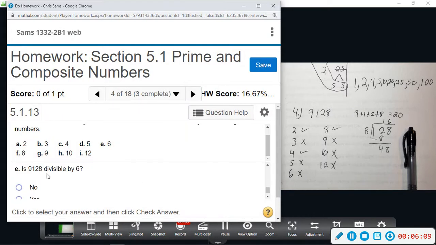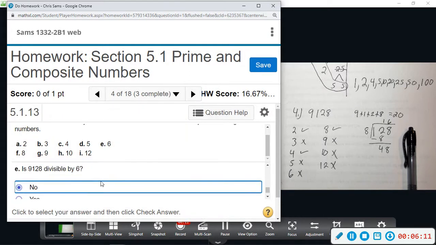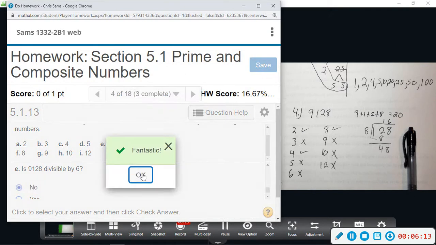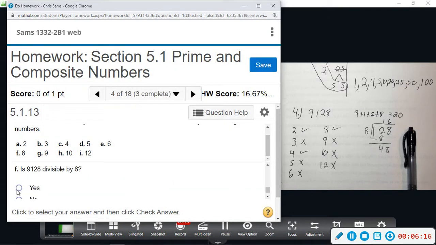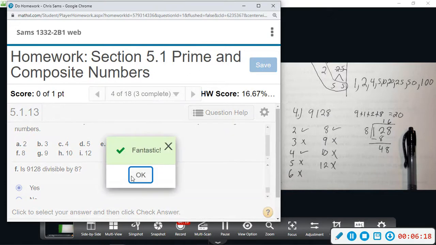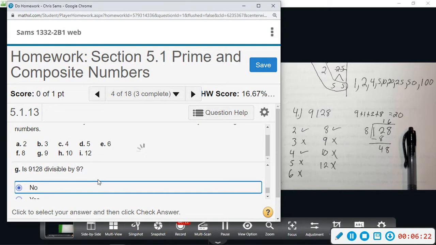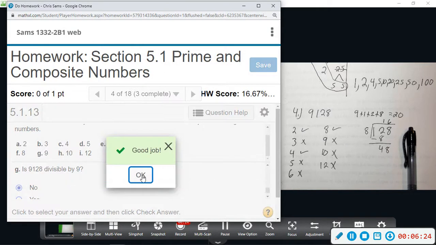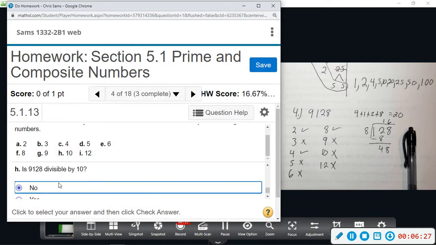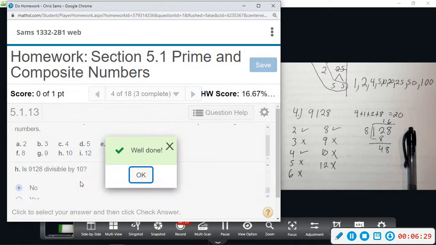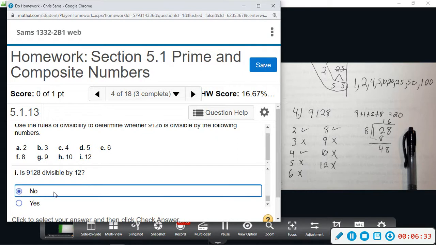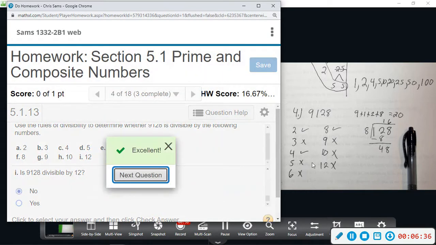Divisible by 6, no. Divisible by 8, yes. Divisible by 9, no. Divisible by 10, no. And divisible by 12, no. So those are the rules. If you have them out to the side, you can kind of go through it pretty quickly.